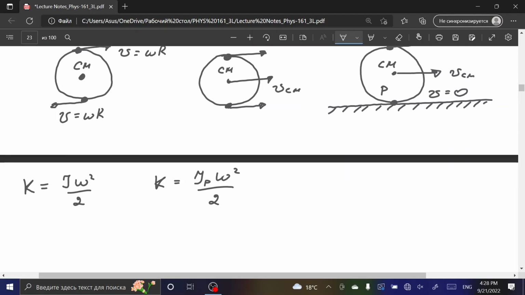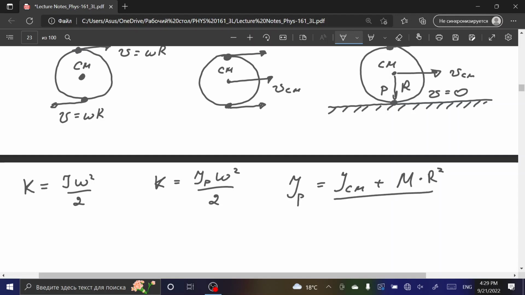We can write that the moment of inertia with respect to the axis which goes through point P will be equal to the moment of inertia of the center of mass plus the total mass of this rolling rigid object multiplied by the distance between these 2 points, and this distance is actually the radius. So here, radius squared. That is our parallel axis theorem.